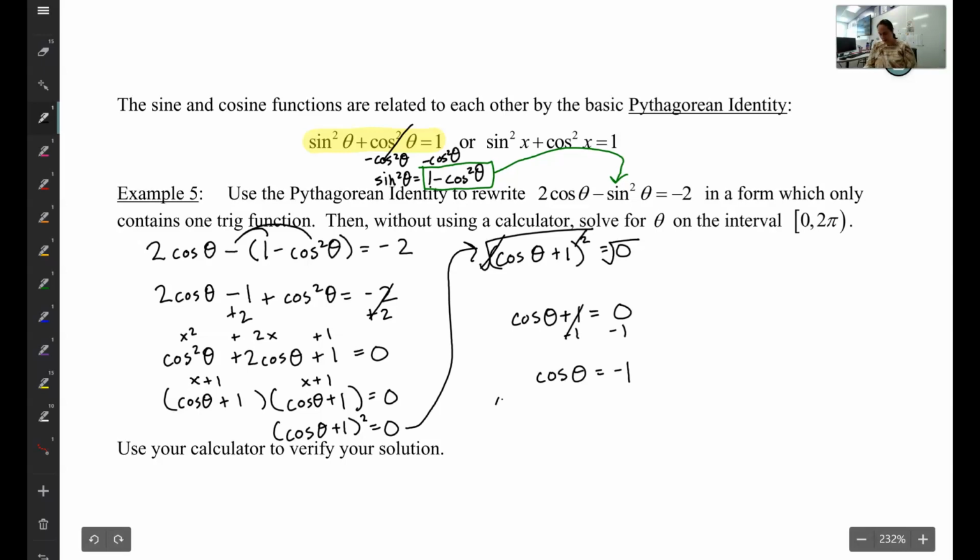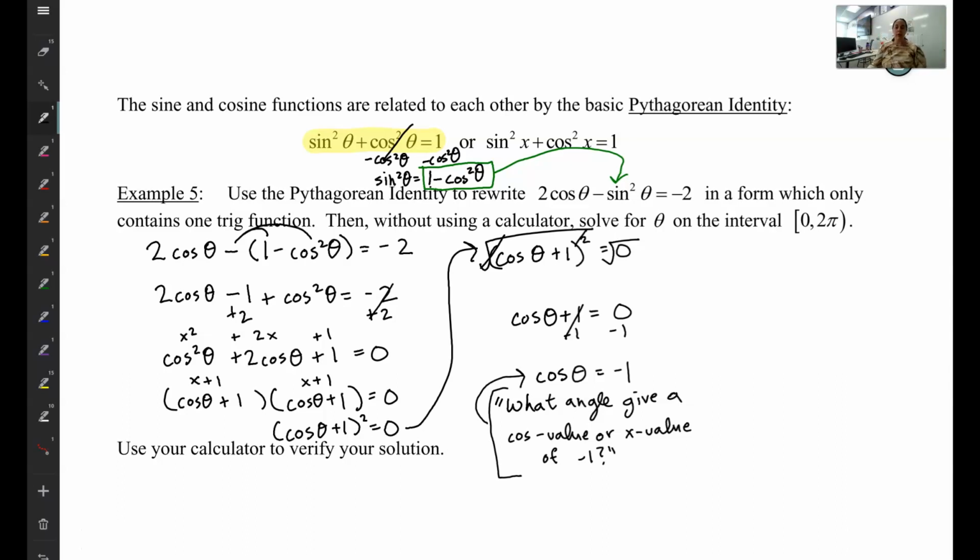And what this means is, what angle gives a cosine value, or I'm going to change this to an x value because we know that cosines are x's, of negative 1. That is what this equation means. So I then look at my unit circle.